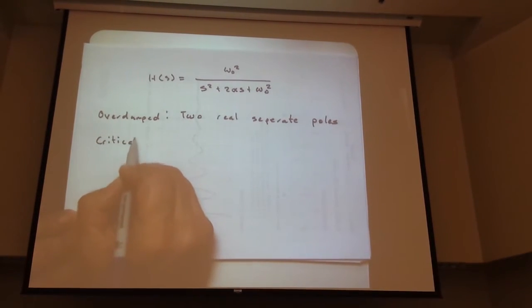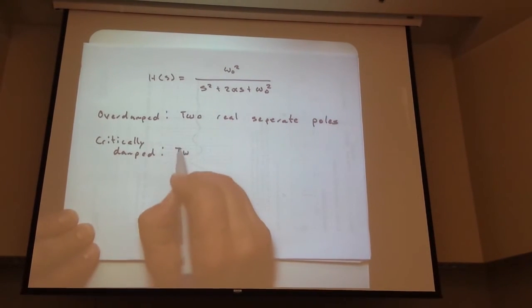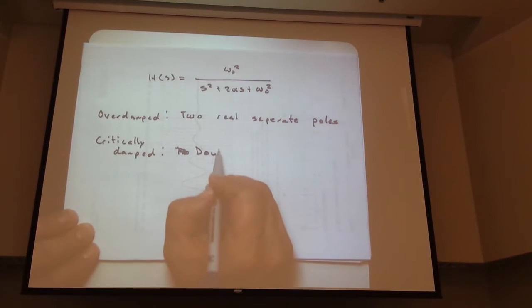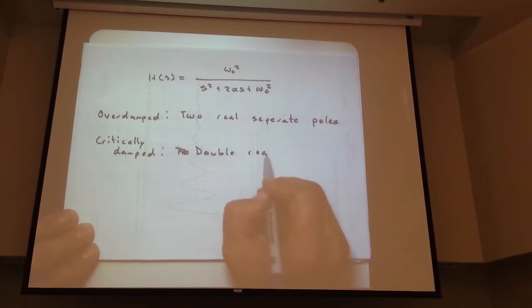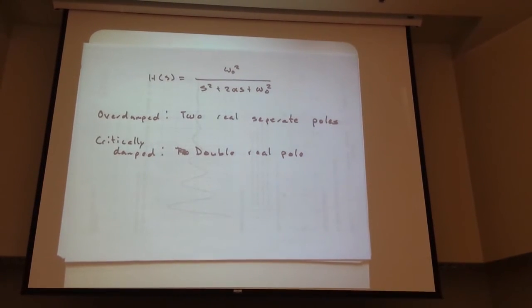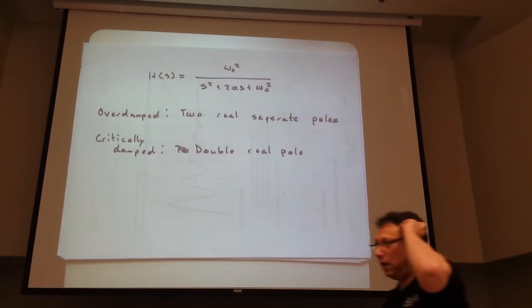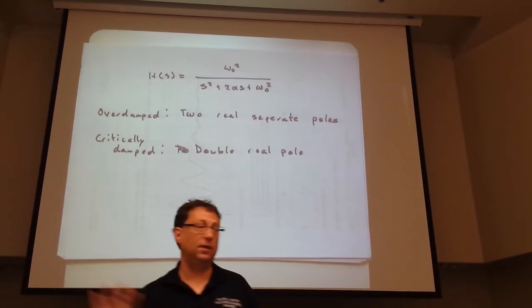Critically damped, that's one of my bad words, 2, a double real pole. So these, no problem. We look at these, overdamped, minus 3 dB at that pole relative to the straight line approximation, double pole, minus 6 dB.